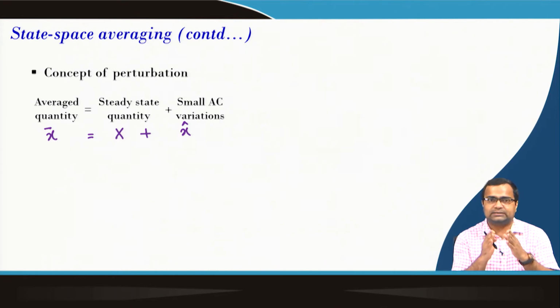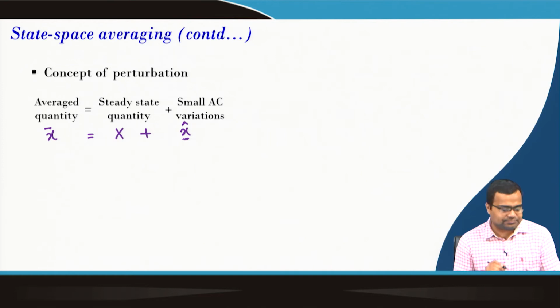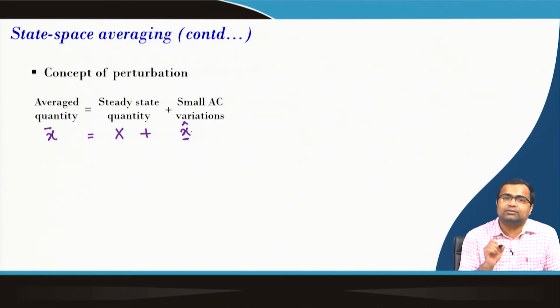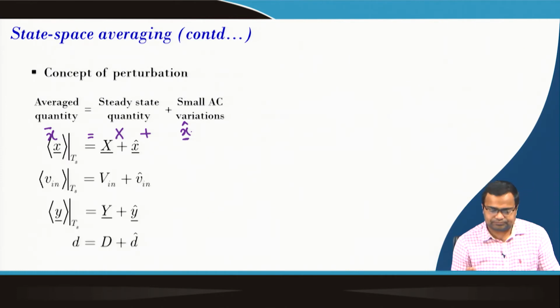One part is capital D, which is a steady state or fixed quantity, plus some AC excitation, which we take as x hat. It can be AC excitation, it can be step excitation. In frequency response we assume this x hat is the injected sinusoidal signal, and we want to get the approximate linear model.